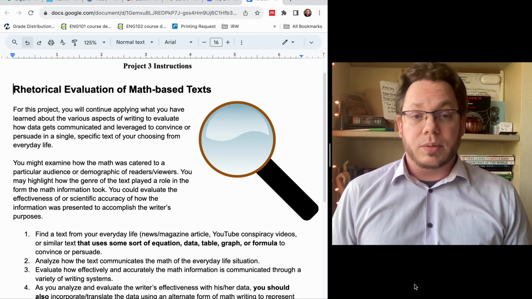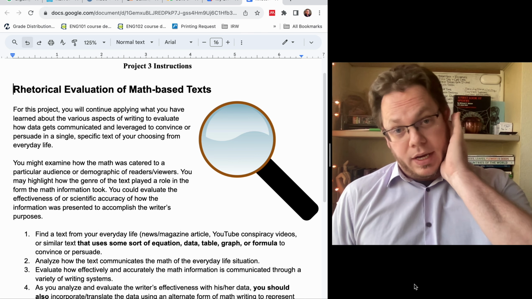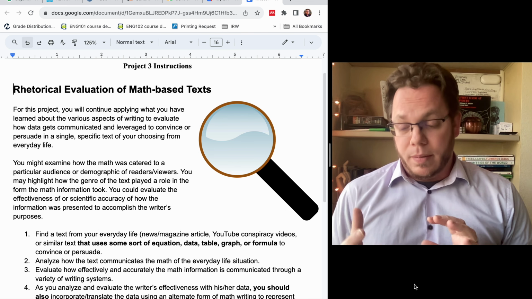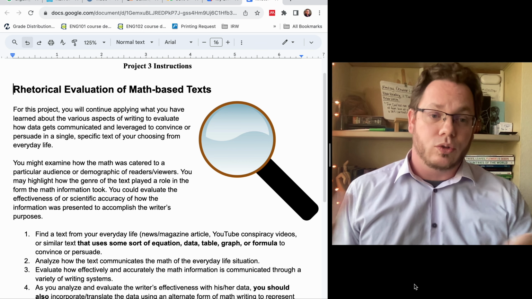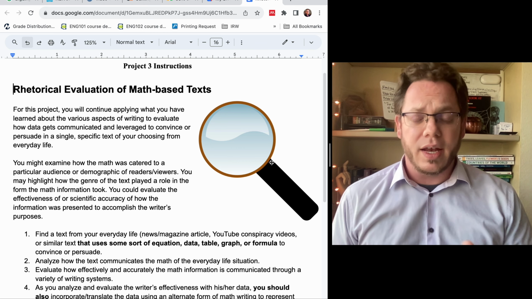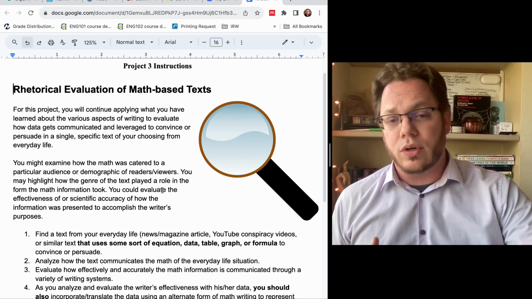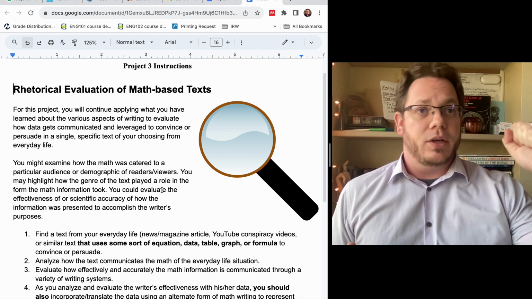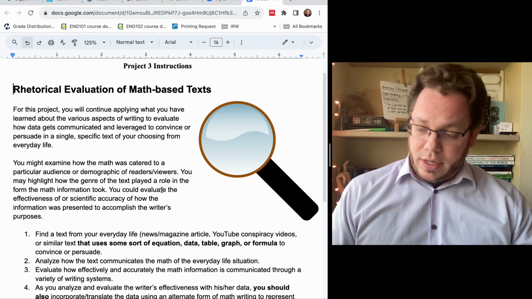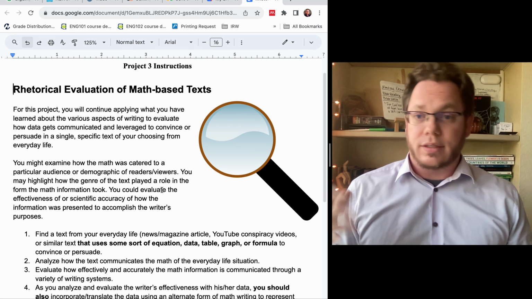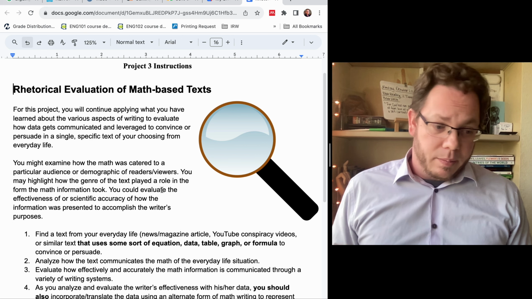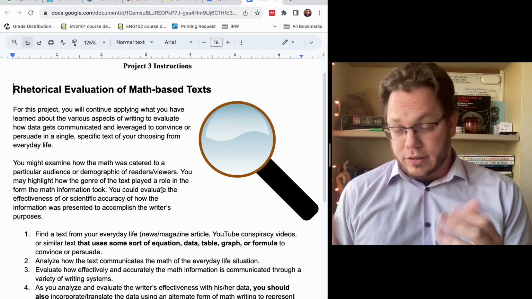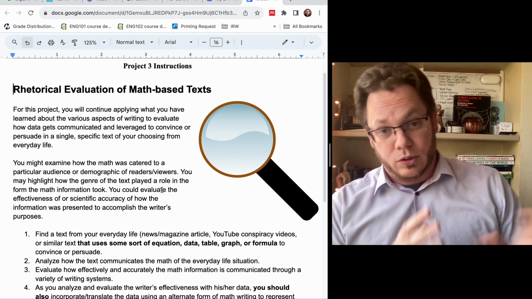So as a starting place, the rhetorical evaluation of a math-based text is choosing any sort of cultural text. It could be a news article, a magazine article, a YouTube video, a song, some news broadcast, a sports commentator clip, something based on your favorite game, or a research article.